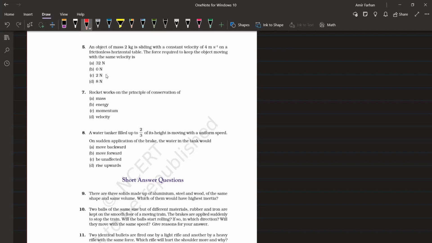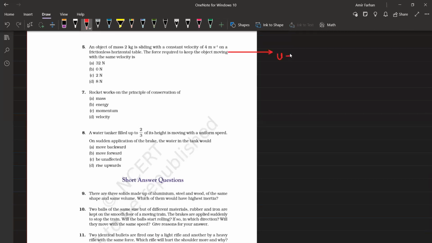Okay, so why 0 Newton? Because velocity is constant. What does it mean in terms of acceleration, dear? If the velocity is constant, it means that the acceleration of the body is zero. That's why, if there isn't any acceleration, no force will be there. Clear? Yes, sir. Very good.